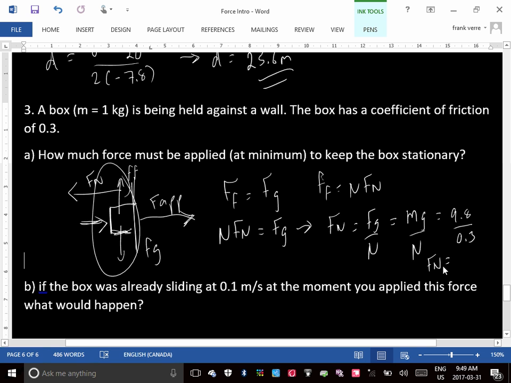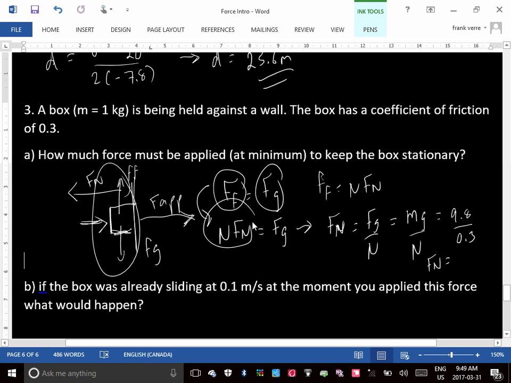It's going to be close to 30. I don't know. Wait, so is that Fn equals Fg? So here, just give me one more minute, okay? The force of friction equals the weight, correct? The force of friction is mu Fn, right? So mu Fn equals the weight.